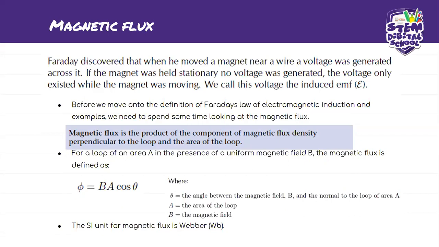If the magnet was held stationary, no voltage was generated. The voltage only existed while the magnet was moving. We call this voltage the induced electromotive force, which is the EMF, short for electromotive force.